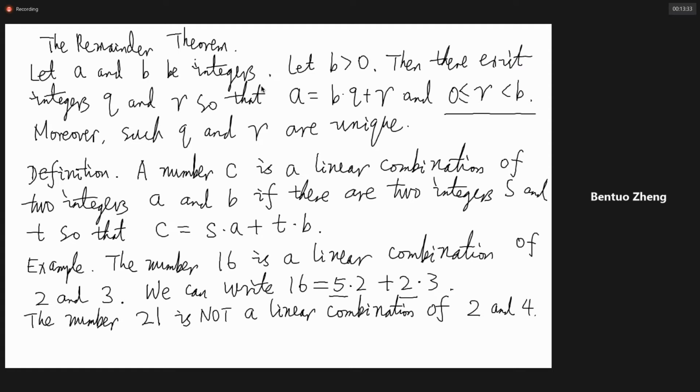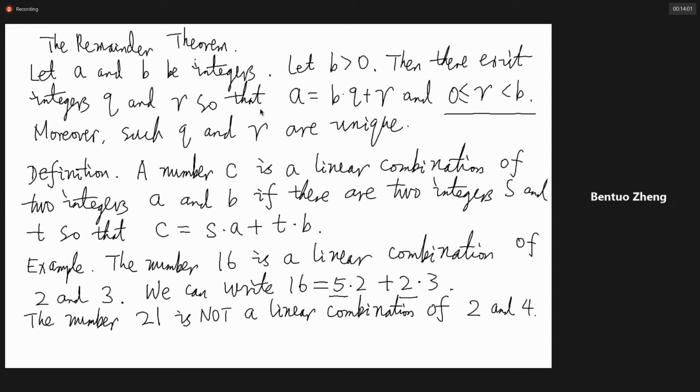Is it because a linear combination of 2 and 4 will result in an even number?